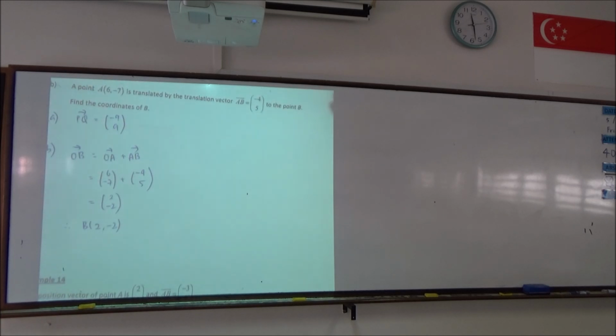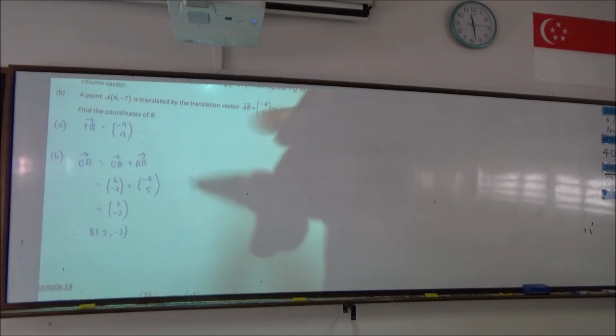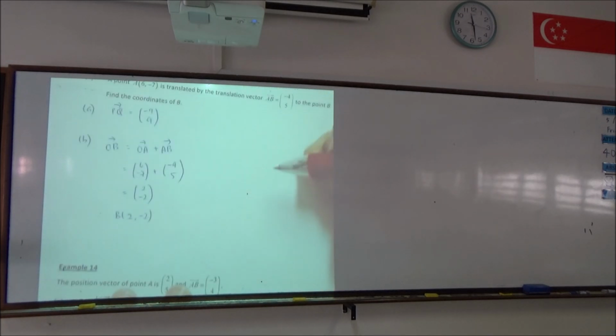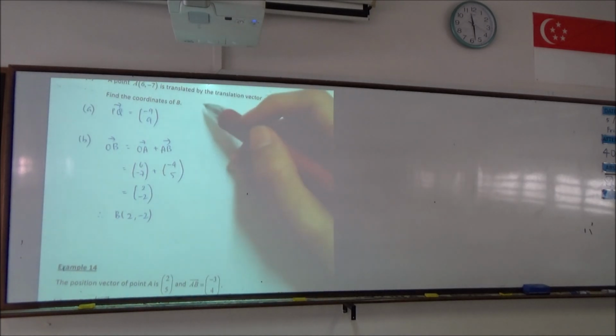Even if you don't understand what translation means, you just need to be very confident of how vector addition works.